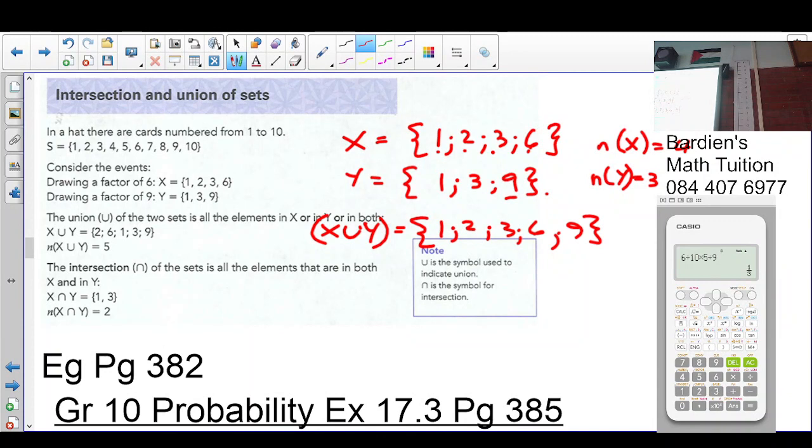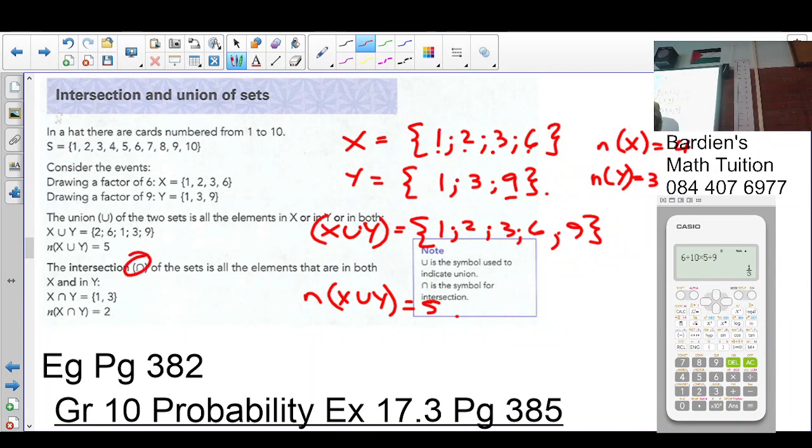I'm not going to write 1 and 3 again because we are already considering those elements. What is the number of X union Y? X or Y? It is 5. You guys understand?